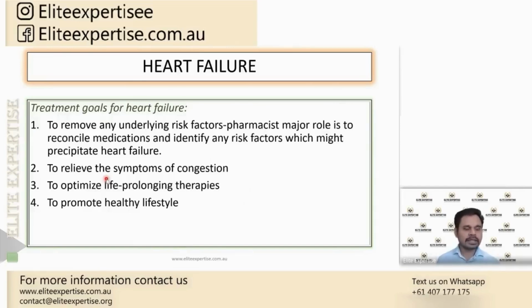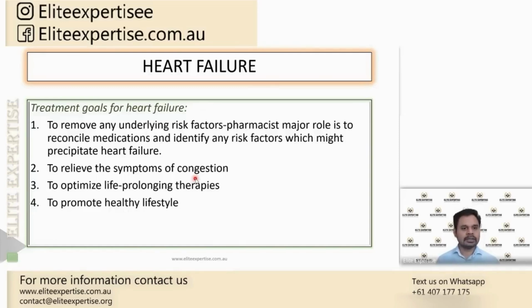And if they have right-sided heart failure, then they will have peripheral congestion, that is peripheral edema, like ankle swelling and so on. So our main target at first is to give relief from the congestion. That means we must try to remove the excess fluid that is accumulating in the body.